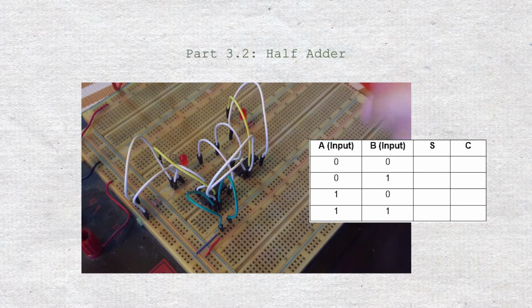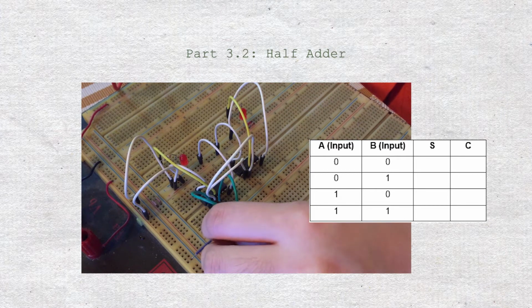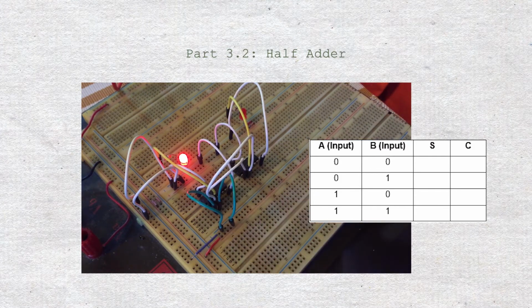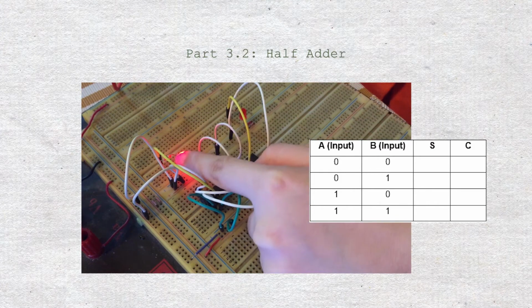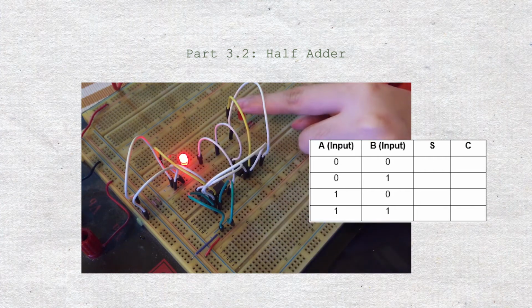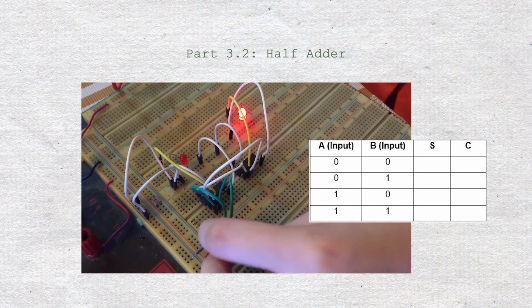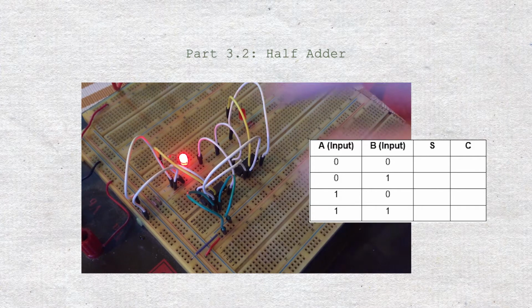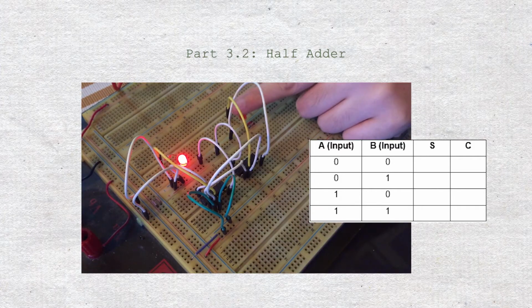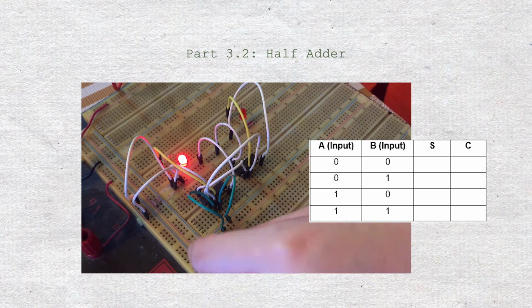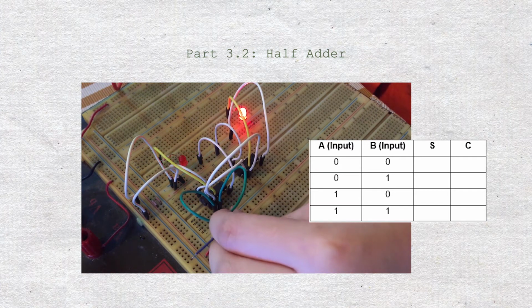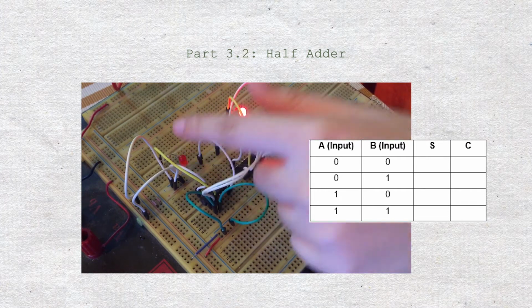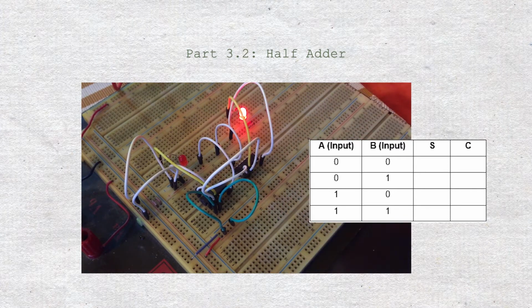When the inputs are 1 and 0, the output is the same: sum 1, carry 0. When both inputs are 1, the sum is 0 and the carry is 1.